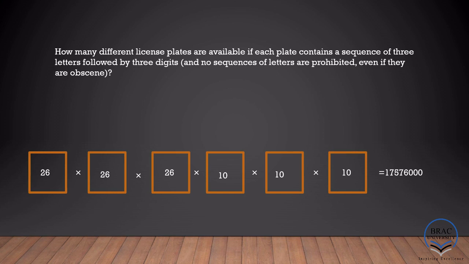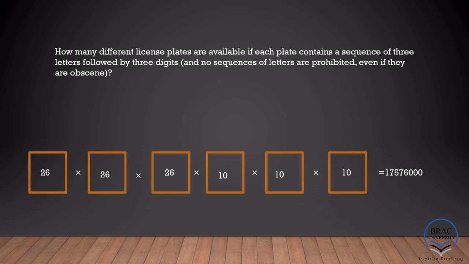We pick one letter from the 26 letters, so 26C1, and that is the same for the third place as well. So we pick 26C1 times 26C1 times 26C1. In that way we are picking the first three letters for the first three places.